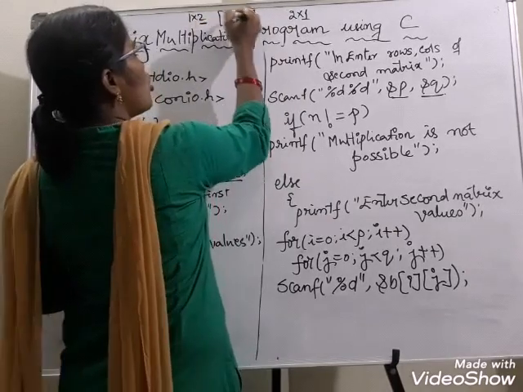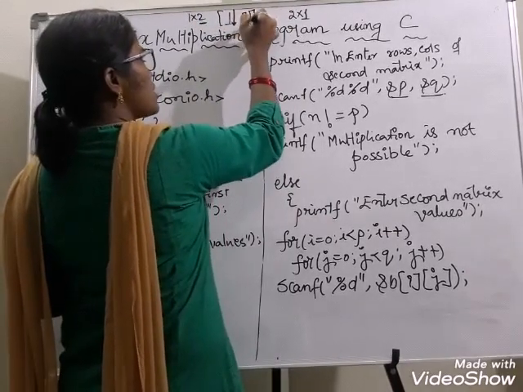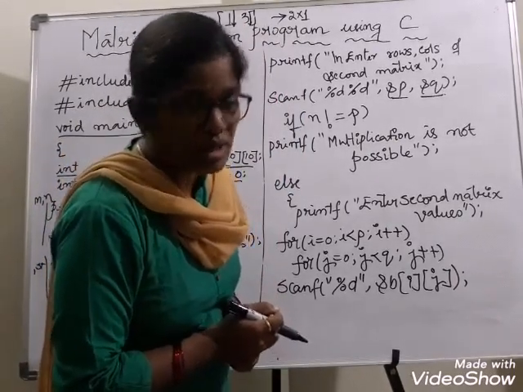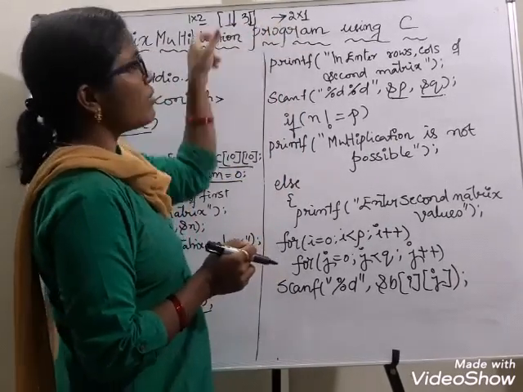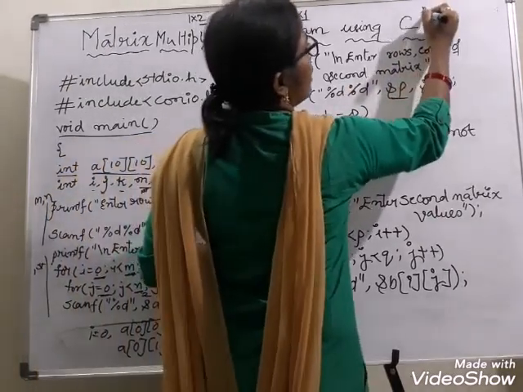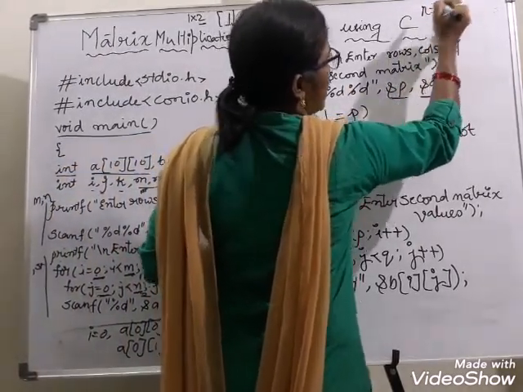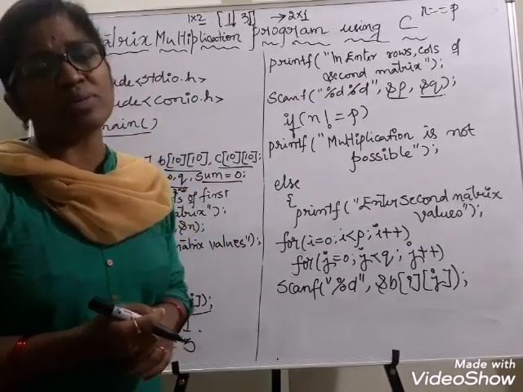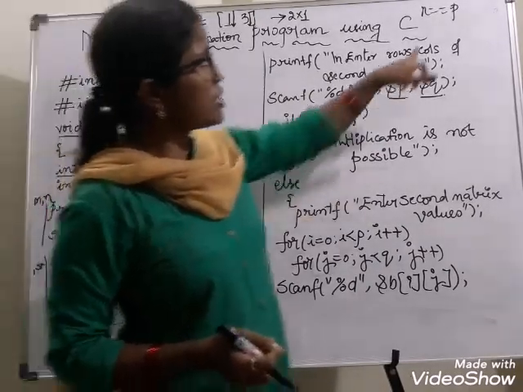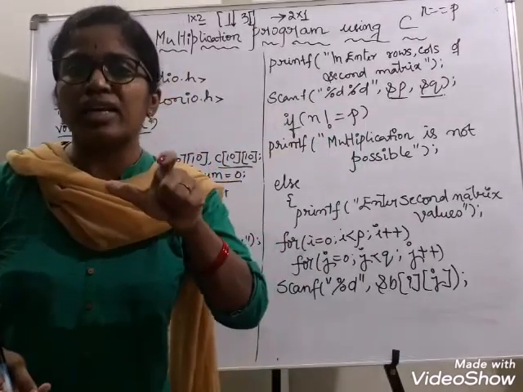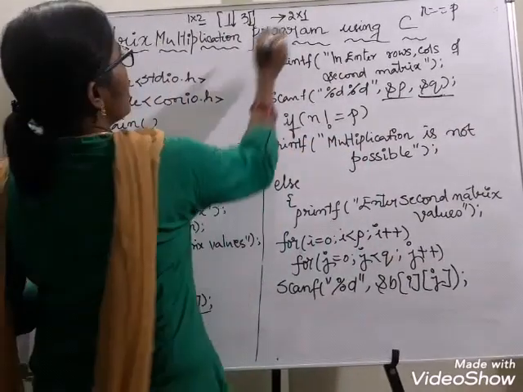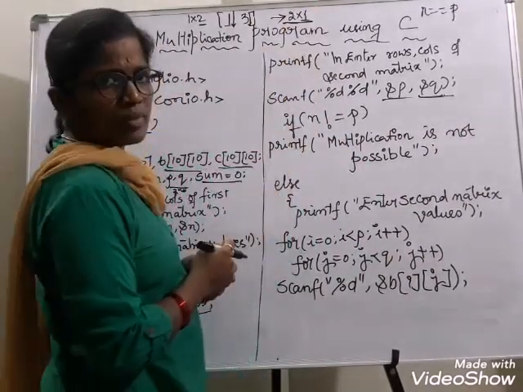The number of columns of the first matrix must be equal to the number of rows of the second matrix. For that reason, you have to check whether n is equivalent to p. N is the number of columns in the first matrix, whereas p is the number of rows in the second matrix. So I have read p and q, and I have given them as 2 and 1.